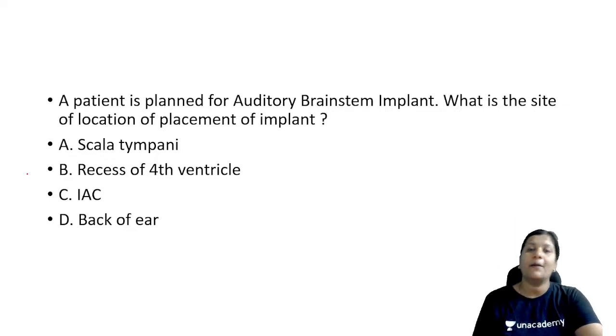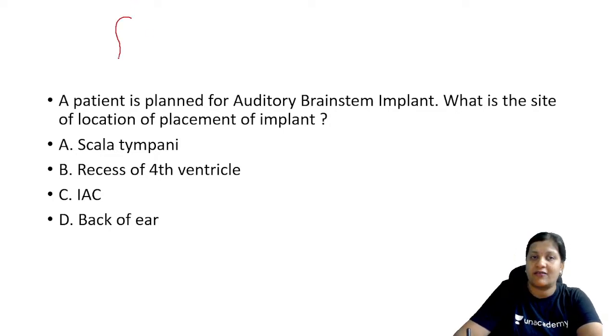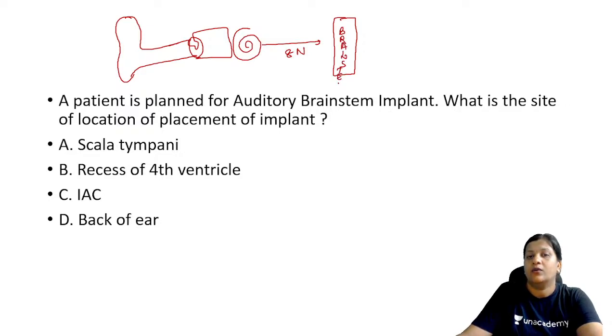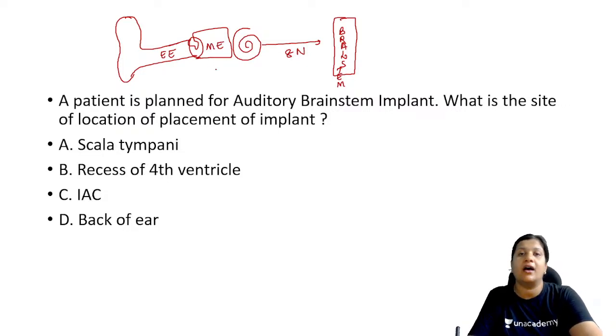Whenever we are planning for an auditory brainstem implant, we have the external ear, the middle ear, and then the inner ear. From the inner ear, we have the eighth nerve that takes the impulses to the brainstem. Whenever there is a pathology of the external ear or the middle ear, a hearing aid or a BAHA would be sufficient.